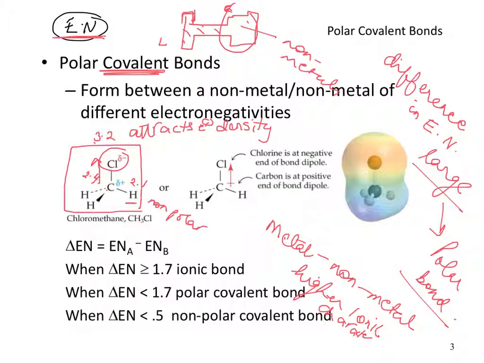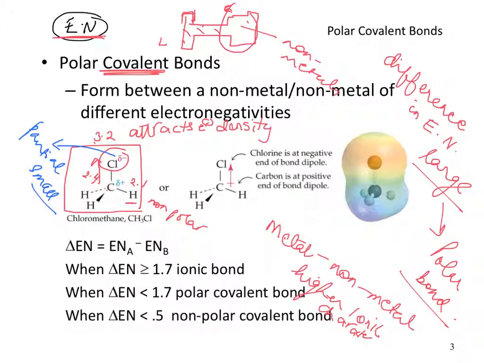Now you might wonder, what is this delta? This delta just means partial, just means small. That means chlorine has a slight negative charge, and carbon has a slight positive charge. It's not a full negative or a full positive charge. So it's just a tendency that we are saying.